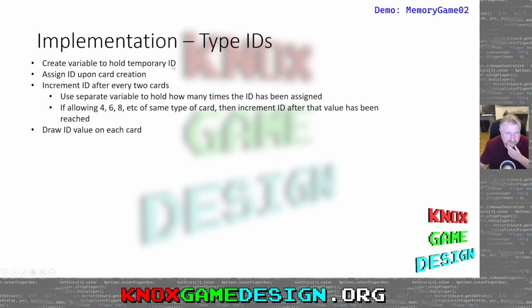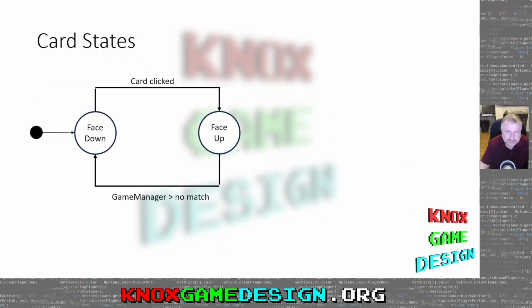We already actually did this, but each card's going to have a type ID. Just be aware that these IDs are reused between cards because it's a type ID, not a specific ID for the card. So this is going to be like, if we go back to the Mario 3 example, go back.